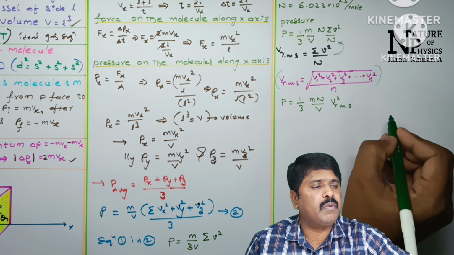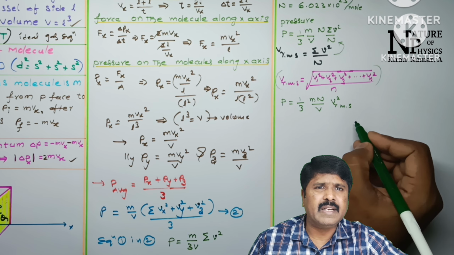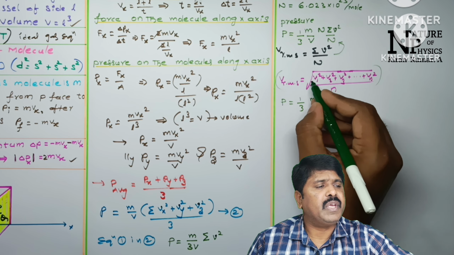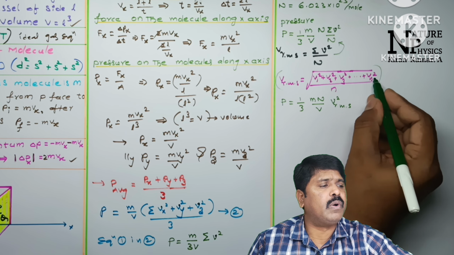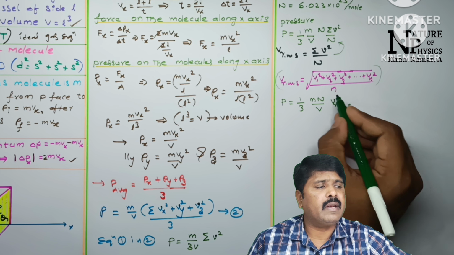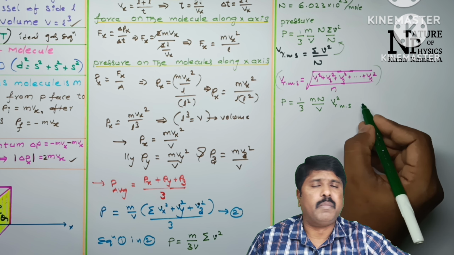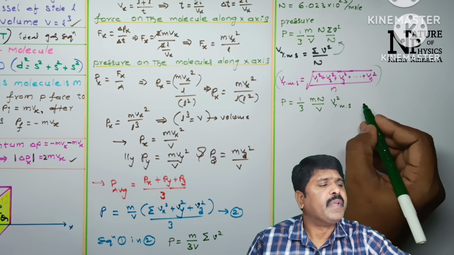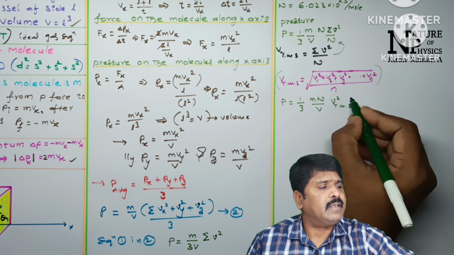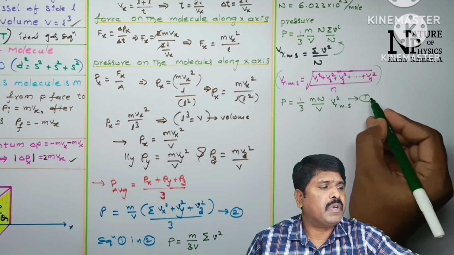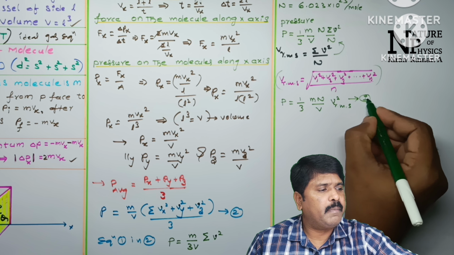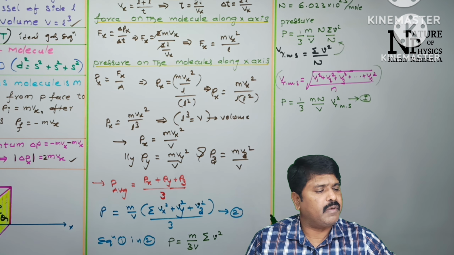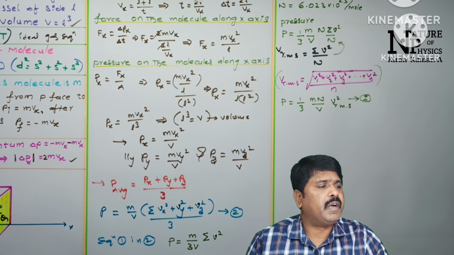This is the other equation for the root mean square velocity, which is equal to root over V1 square plus V2 square plus V3 square up to so on Vn square divided by N. N represents the number of molecules of the gas. Okay, and here I'm considering this as equation number 1, the basic equation. Write it in Roman numerals, student. Up to here I gave you equation 1 and 2, different equations.